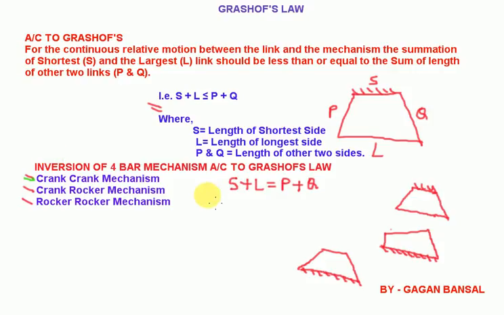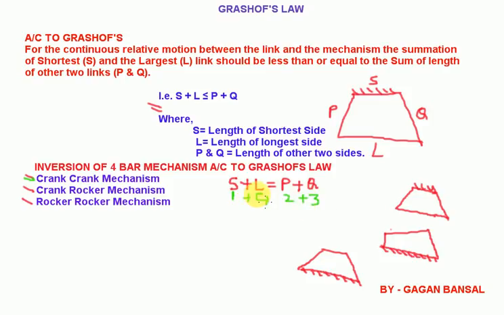Now in the second case, when S plus L is equal to P plus Q, say the shortest length is 1, the longest is say 4, and the others are 2 and 3, so 5 equals 5.